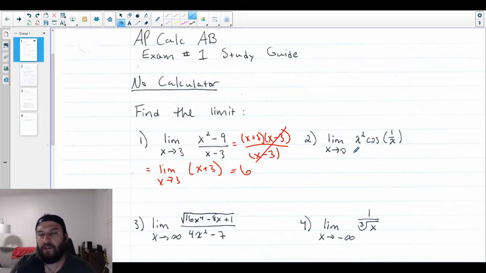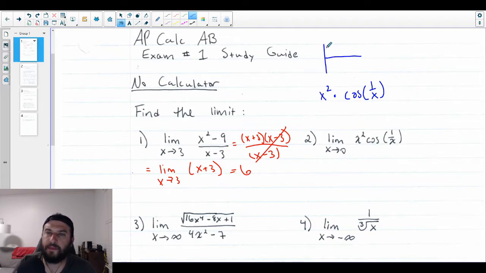So if you think about this, we have x squared times cosine of 1 over x. I'm going to think about cosine for a second. I know that cosine bounces back and forth between 1 and negative 1 forever, correct?